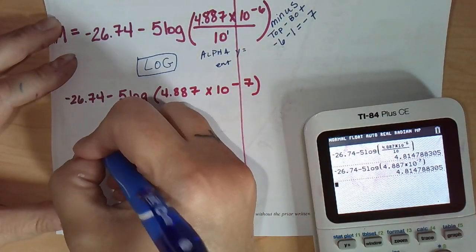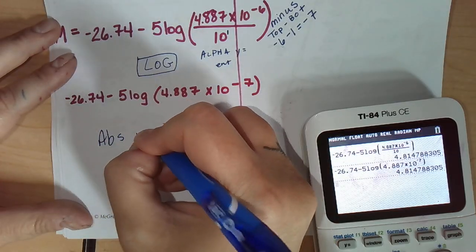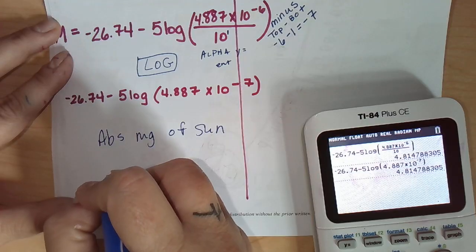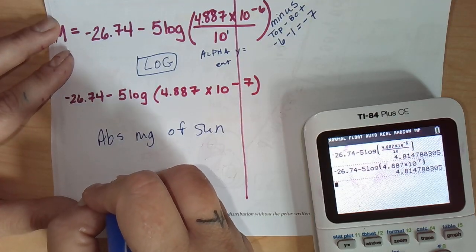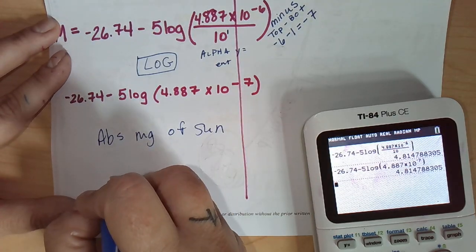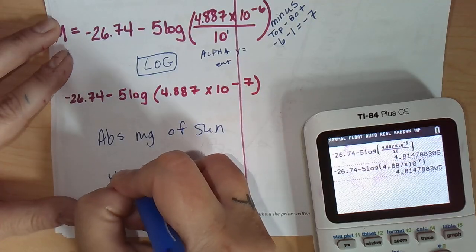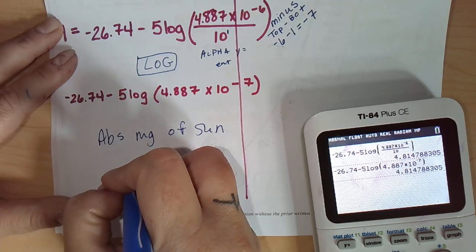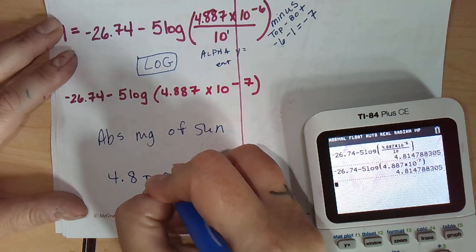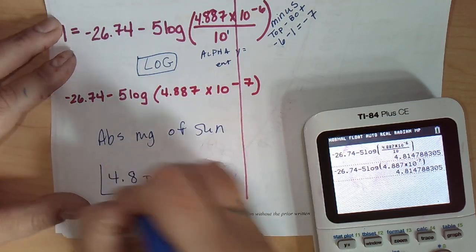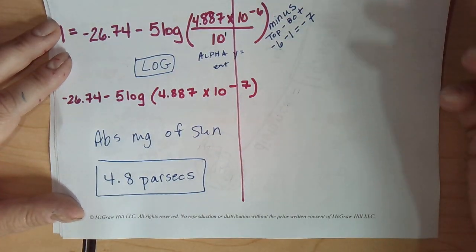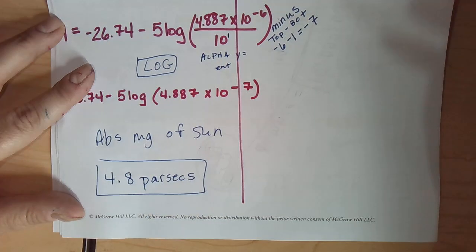So the absolute magnitude of the sun is, it didn't tell us what to round to. I'm just going to say 4.8 parsecs. Magnitude is like a distance. And since our distance to the sun was in parsecs, this is parsecs.